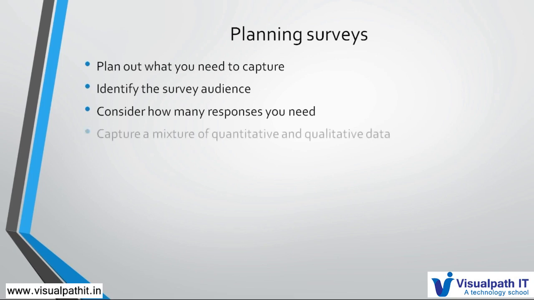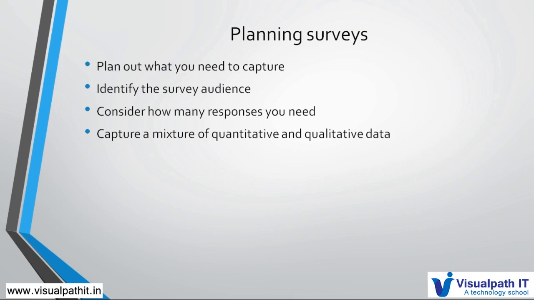Next, capture a mixture of quantitative and qualitative data. Surveys are ideal for capturing quantitative data, but often this will only tell you the what, not the why. It's usually a good idea to capture a mixture of quantitative and qualitative data.